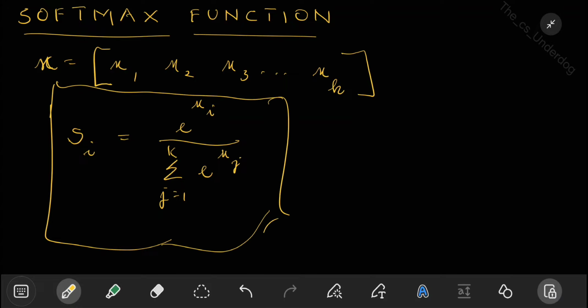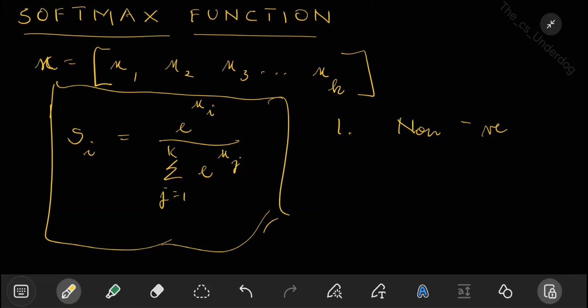You have to compute the softmax function for each of the dimensions because then you can interpret it as the probability of it belonging to each class. What are the specialities of this softmax function? The first speciality is that all the output values are non-negative, because if you have negative values, you can never consider it as a probability.